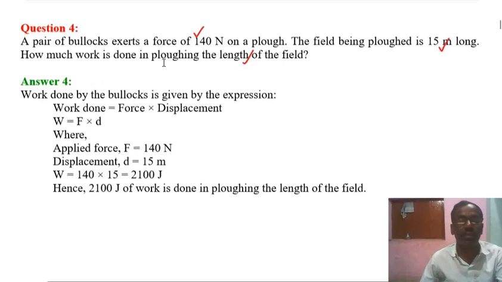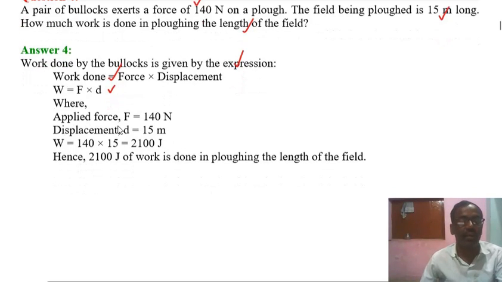This is a numerical problem. Work done by the bullocks is given by the expression; we recall the definition. Work done equal to force into displacement, or W equal to F into D or F into S. Here the applied force is 140 Newton, displacement D equal to 15 meter.